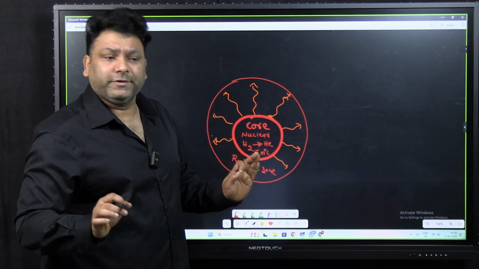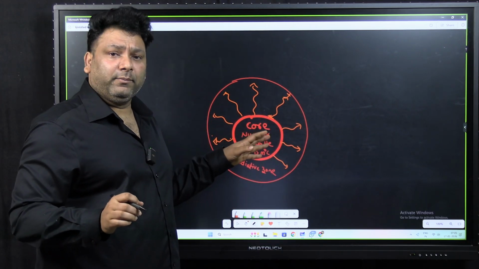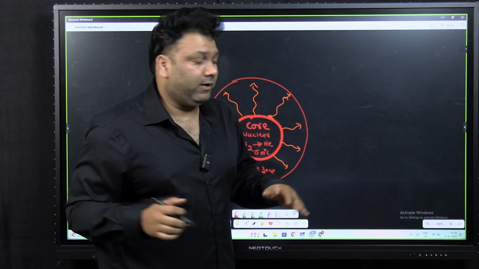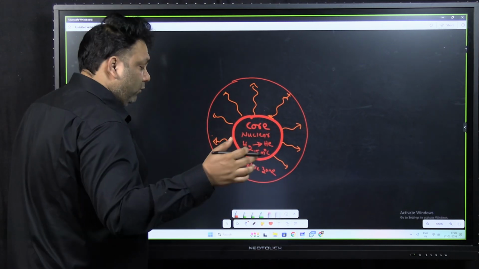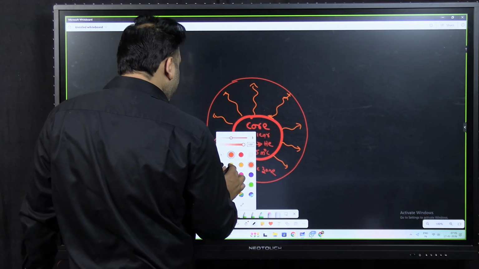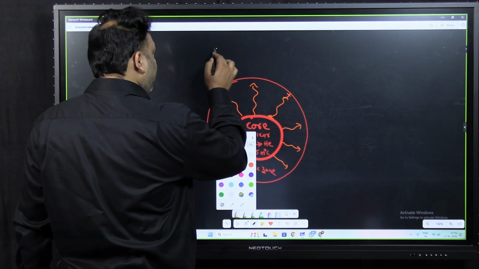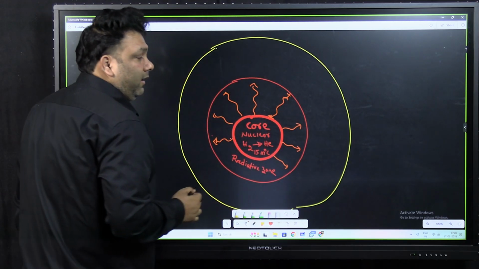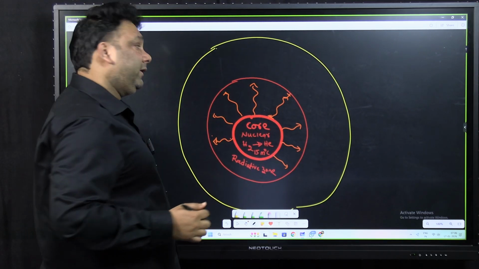Okay, I'm telling you the most important aspects. The rest of the aspects you will get anywhere. What is important for the examination, that I am telling you. And anyways, in more detail you will be studying in science and technology. The next layer here is the convection zone. Here the density decreases a bit.